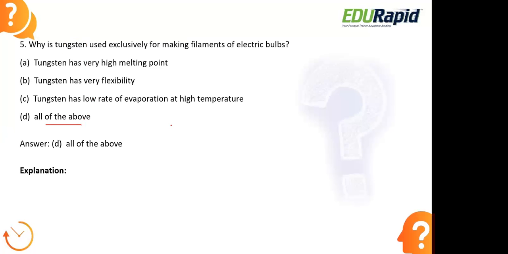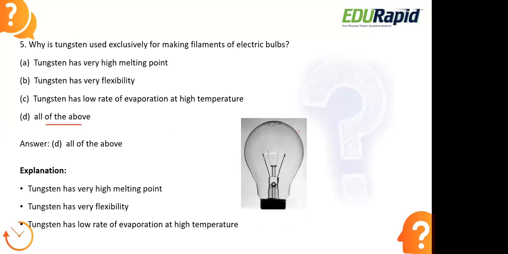Tungsten is one of the materials used in making filaments. If you look at this electrical bulb, here we have a filament made of tungsten. Tungsten is one of the metals used in making the filaments in electrical bulbs, because it is a suitable material for making bulbs.